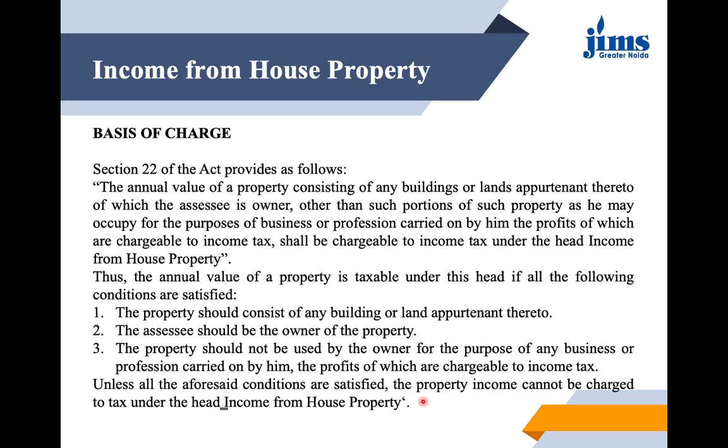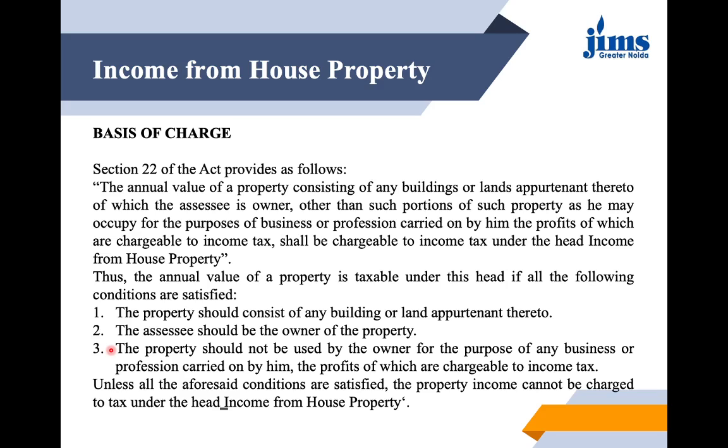So thus the annual value of a property is taxable under this head if all these conditions are satisfied. The first condition, the property should consist of any building or maybe any land which is in association or in that same compound or the boundary. Assessee should be the owner of the property. This is a mandate. And then the third, the property should not be used by the owner for the purpose of business or profession carried on by him, of which the profits are being generated and they are chargeable to income tax.